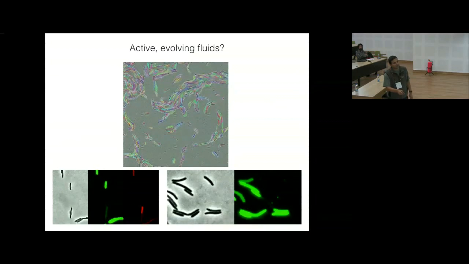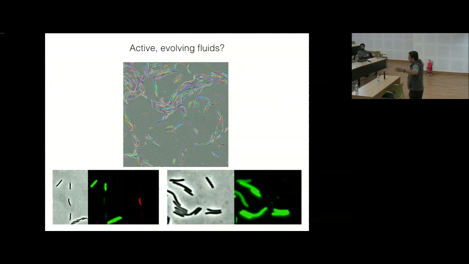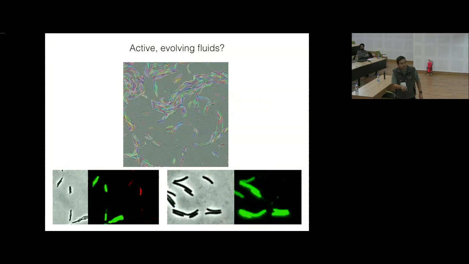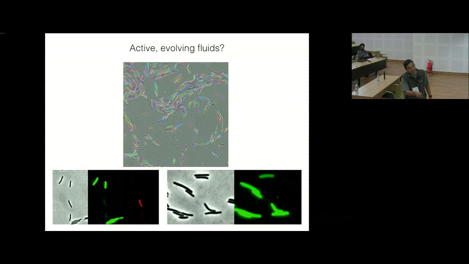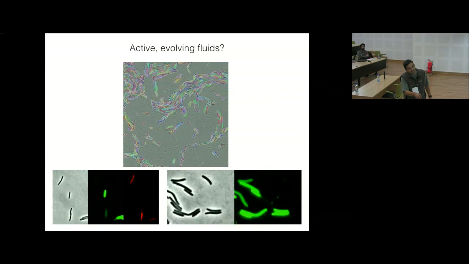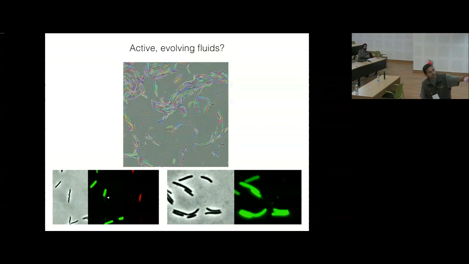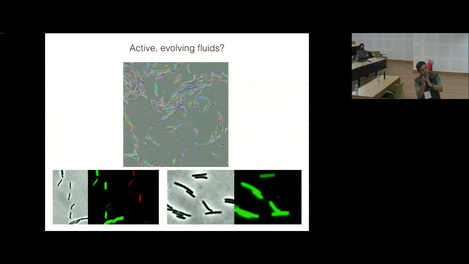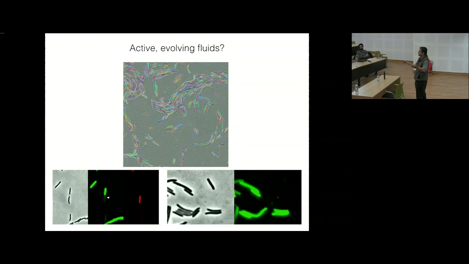For example, here the outer membrane, the outside of the cell, is labeled fluorescently in some cells, but not others, right? And as they touch, you see that they're passing on material. So this bacterium, which was not green, in the bright field you'll see one of them is not green, but then the other one is, and as they touch each other, they pass on material to each other.